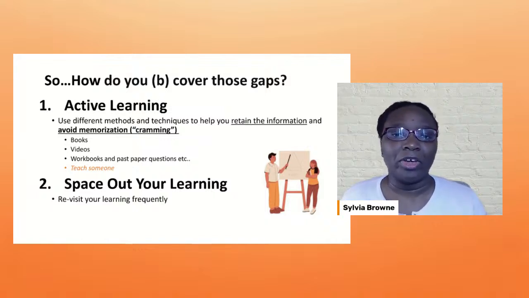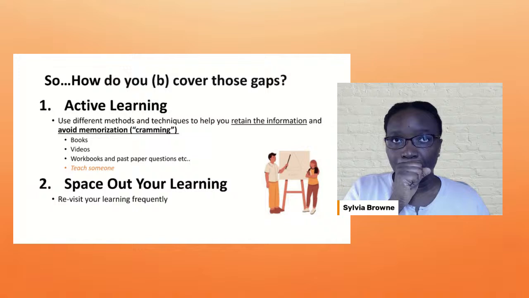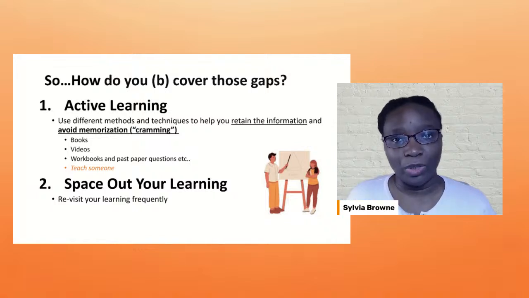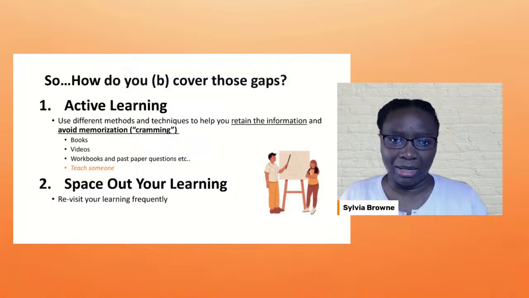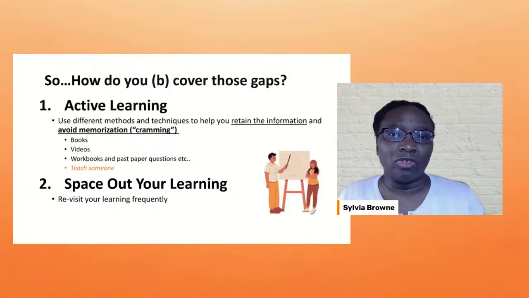I'm sure many people have heard of this by now, active learning. So when you use your textbooks, the curriculum books, that kind of thing, rather than just highlighting or nodding your head as you go along, think about certain things that you can do to really ensure that you've understood.